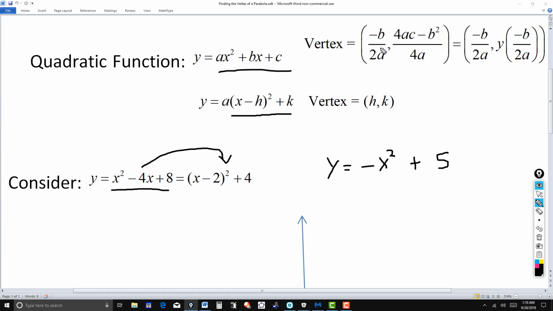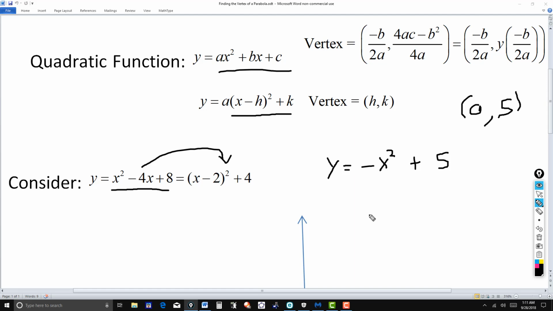And then you can just plug into either this one or this one. If I used this first form, then the b is 0, a is -1, so 0 divided by a non-zero number is going to be 0. And then if I plug 0 into this setup right here, I get 5. So there's my vertex.